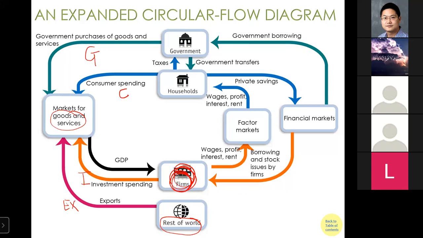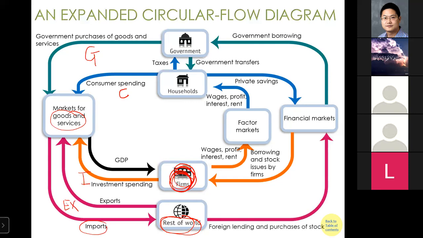But the rest of the world not only purchases goods from us, it could be the case we also purchase goods and services from the rest of the world. So this is called an import. Right? Okay, and then these may not equal each other. Import and export may not equal each other. Say, for example, we export less than we import, meaning we spend more than we earn.